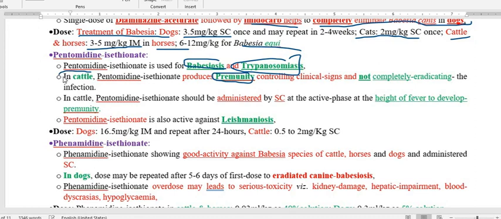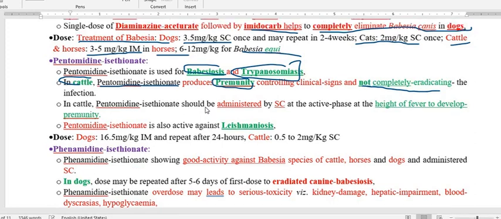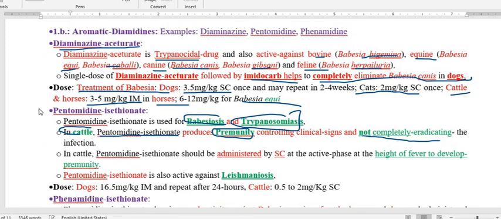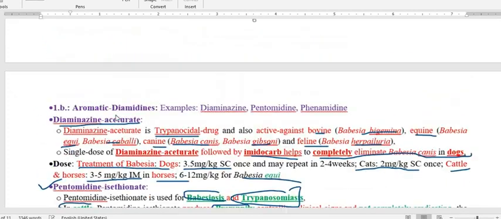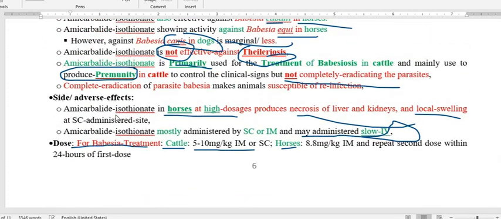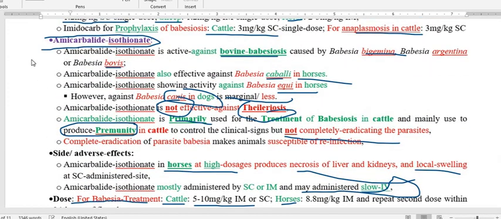And this pentamidine isethionate is also showing development of pre-immunity in cattle. So when we are using pentamidine isethionate in cattle, it will not eradicate the Babesia completely, and therefore it leads to the development of pre-immunity.